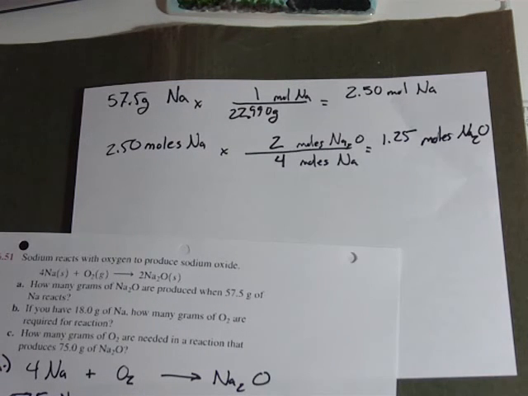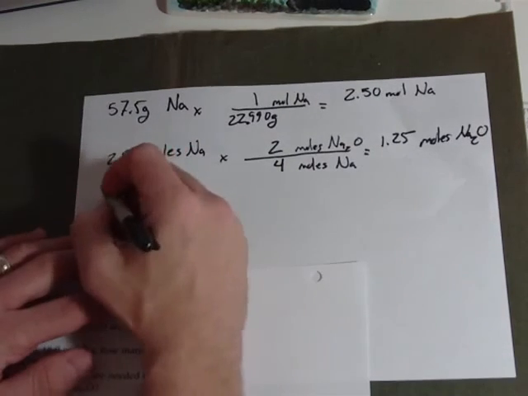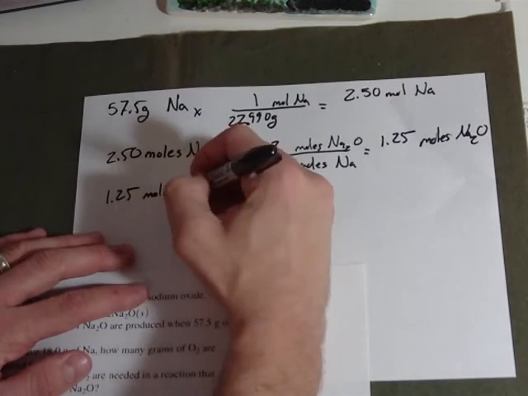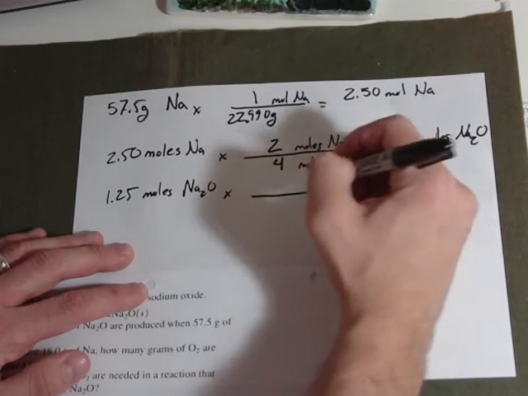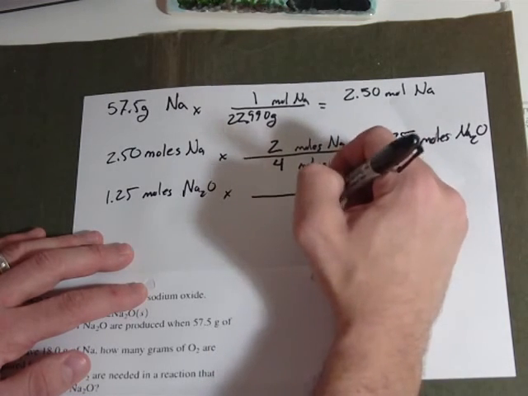Now we have 1.25 moles of sodium oxide. We want to figure out how many grams of sodium oxide we have.